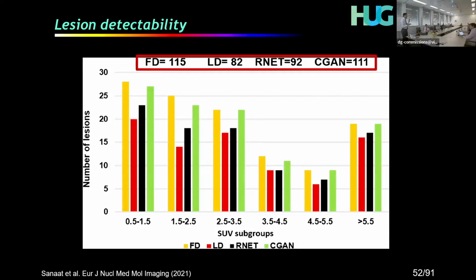And in the low-dose images, you can see plenty of voxels with a high level of SUV which are not really tumors or lesions. So in this case, the model trained on the low-dose images can perform worse than the model trained on the quality-enhanced images.